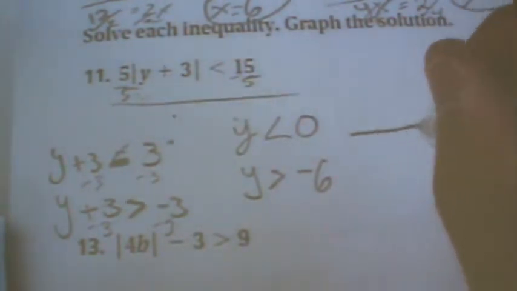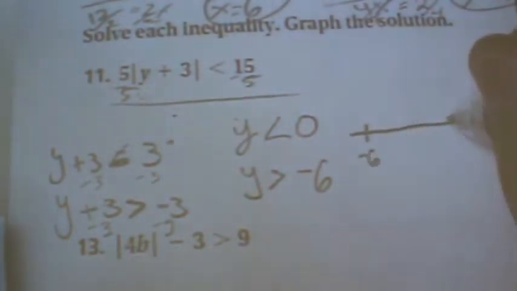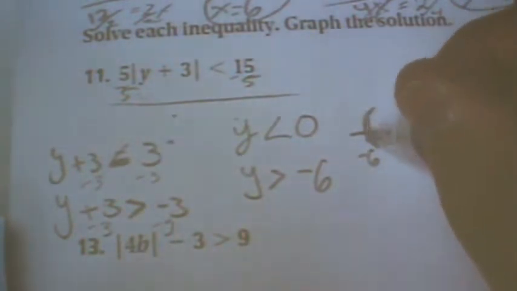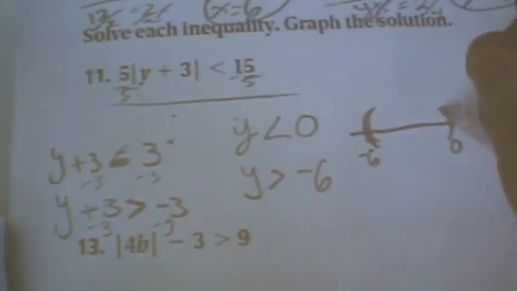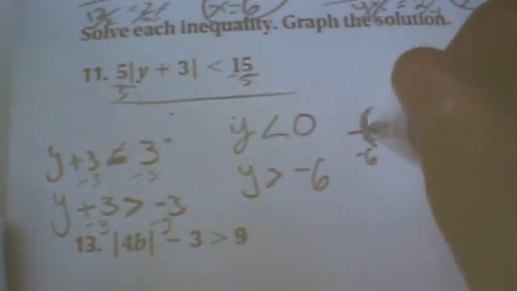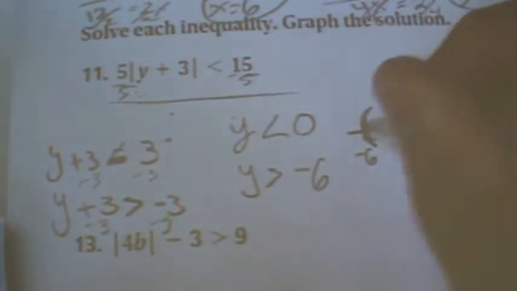Remember to use parentheses because it's not less than or equal to or greater than or equal to, it's just less than or greater than. And because it's less than, it's going to be everything between these 2 points.